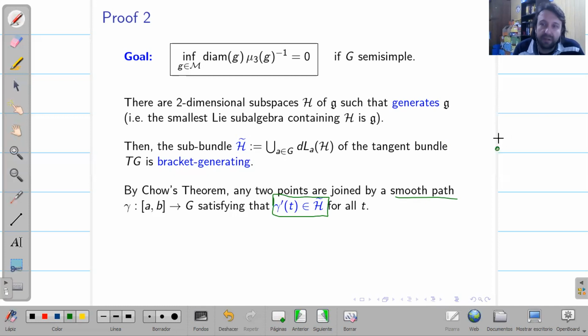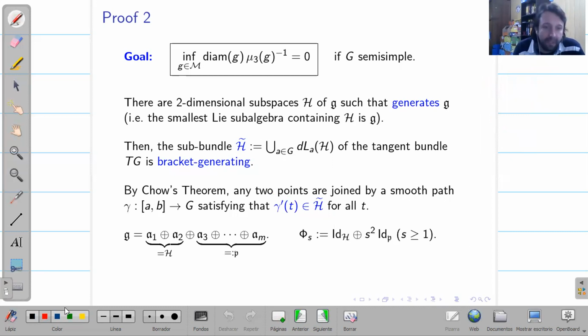Okay, maybe it's not the geodesic for any metric. You have G and H, and maybe the path is something like this, and not this, right? But there is such a curve always. G is compact, so the supremum is going to be finite.